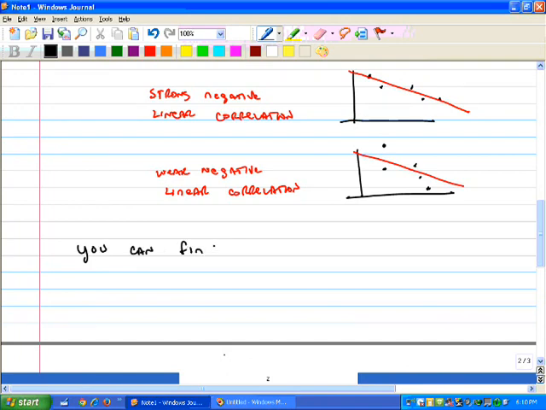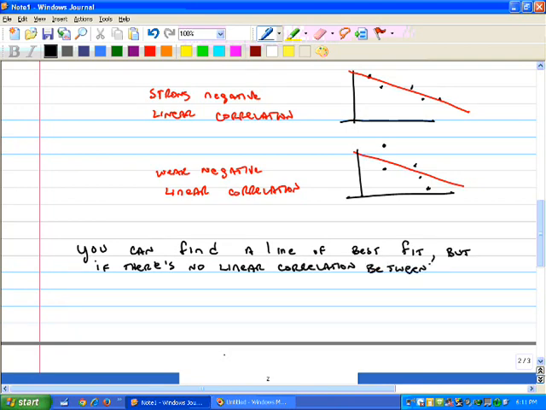You can find a line of best fit for any data set. But if there's no linear correlation between the variables, the line won't do us much good.